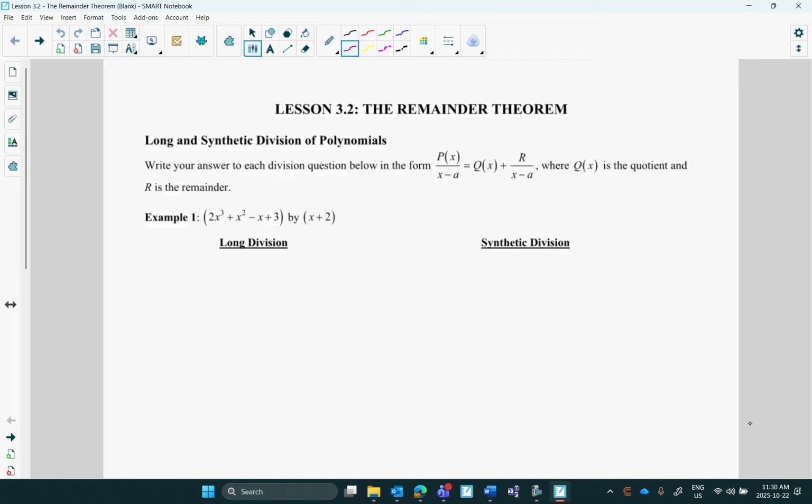But before we do that, we just need to learn how to divide. Yesterday, I talked about an example where we used long division, and it looked very complicated because of all the x's and the exponents and the numbers. So like I said, we're not going to worry about this. We're going to divide them using something called synthetic division.